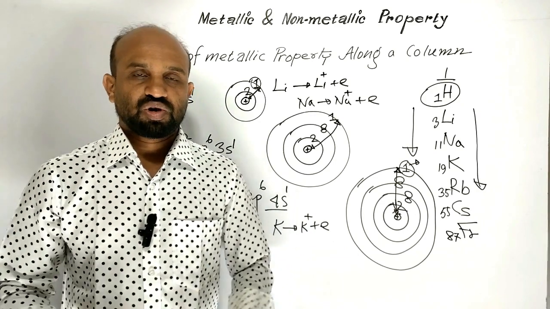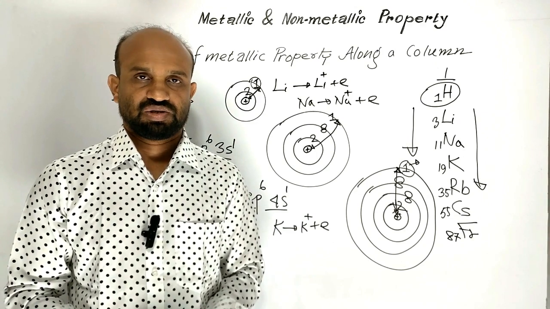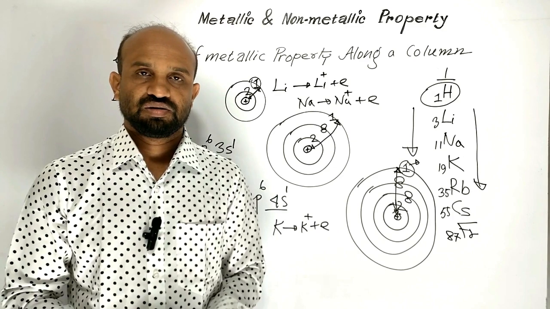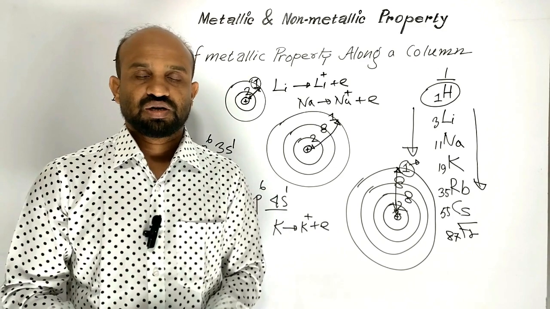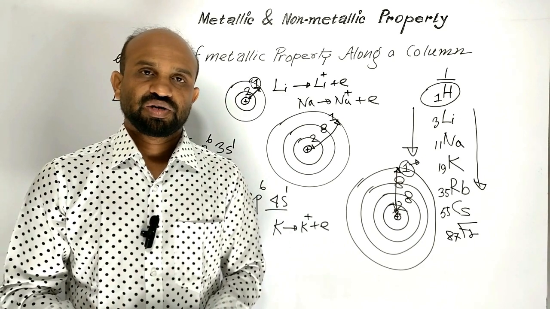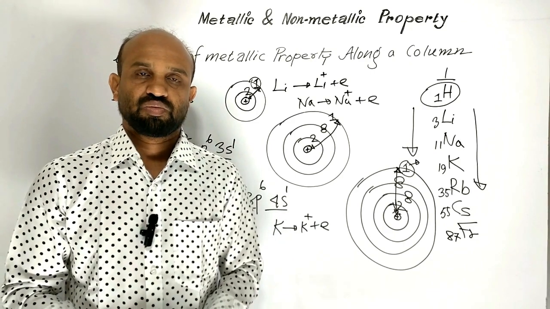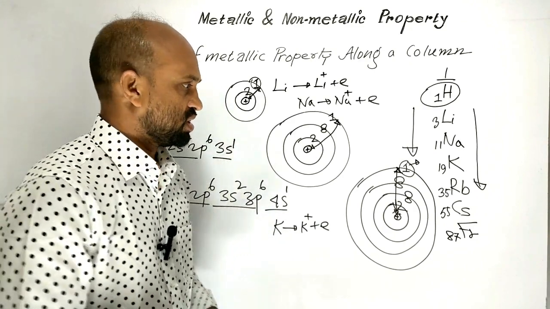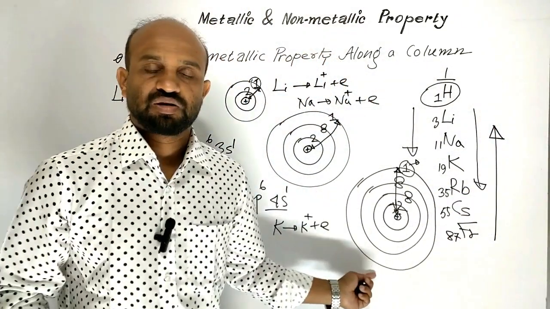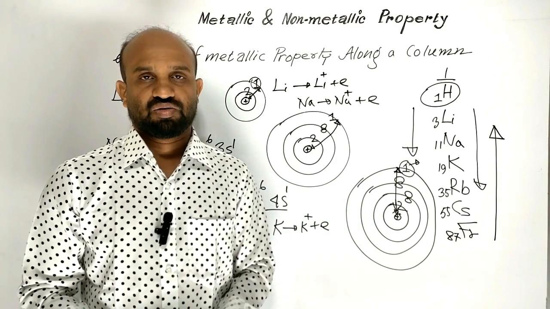So from top to bottom, metallic property increases according to the electronic concept, because from top to bottom atomic size increases, distance between nucleus and outermost shell electron increases, and as a result elements can donate electrons easily. That is, metallic property from top to bottom increases, and from bottom to top metallic property decreases. This is metallic property along a column.